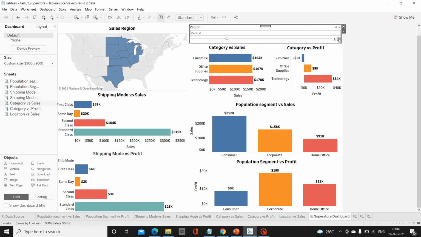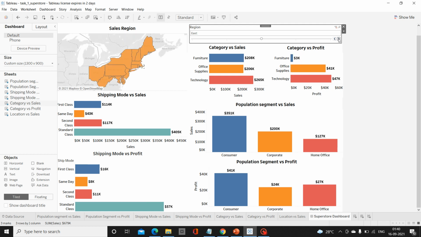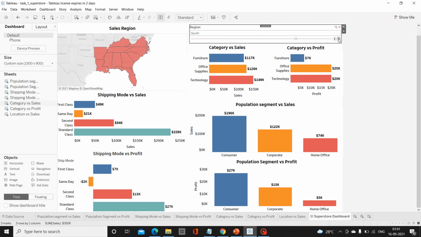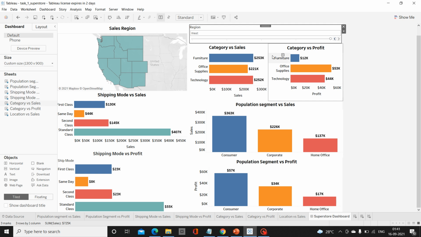In other regions like East, South, and West, we can see that the contribution of furniture category is nearly the same as technology and office supplies, or sometimes it is greater than the other two, but still the profit earned by the furniture category is way less than the profit earned by technology and office supplies.